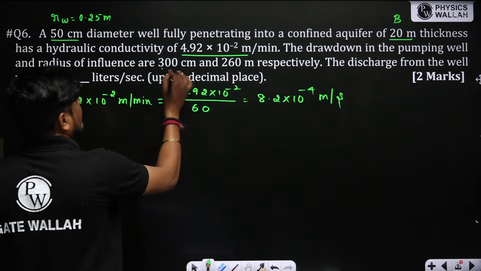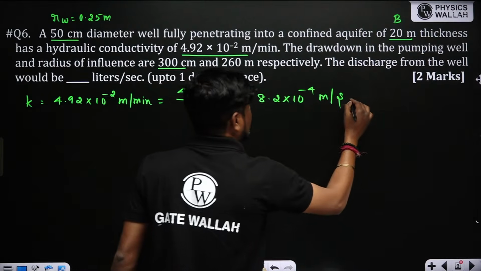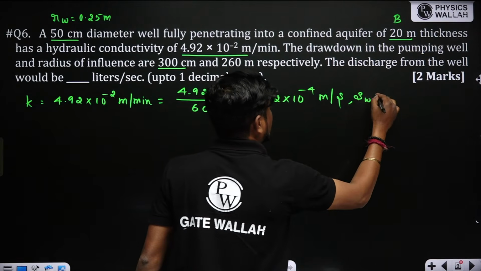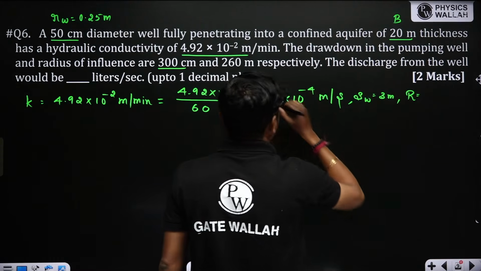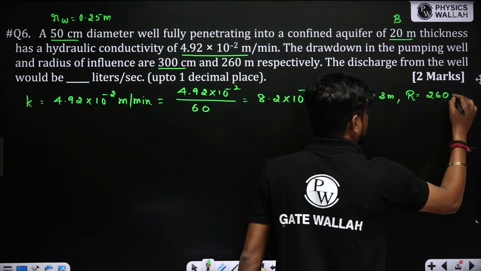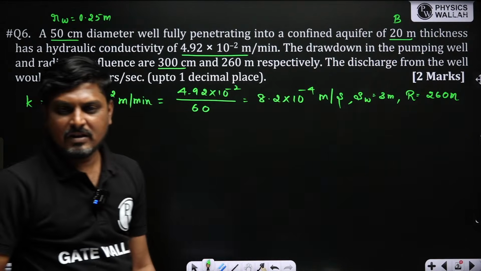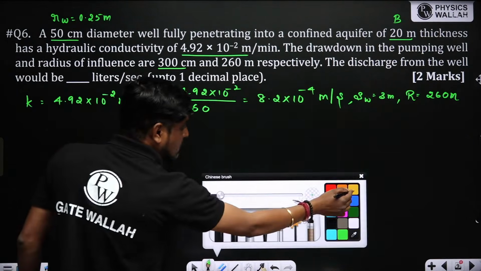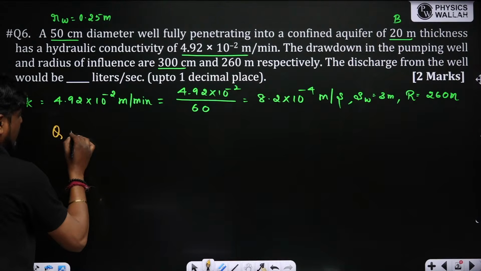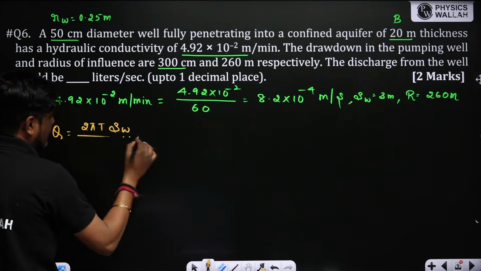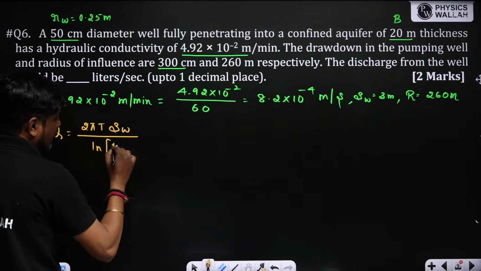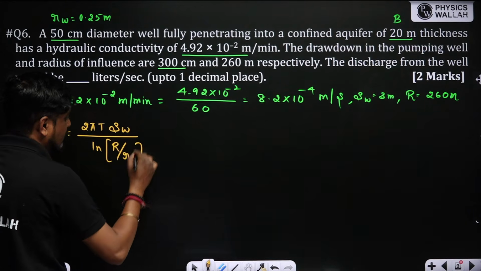Then drawdown is given, SW is 3 meter. R value is given, 260 meter. You should find out Q. There is nothing in this question. So Q, quick solution. Q is equal to 2 pi T into SW divided by ln of capital R divided by RW.